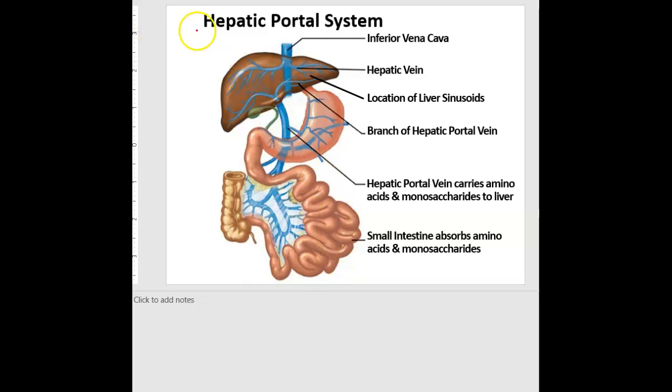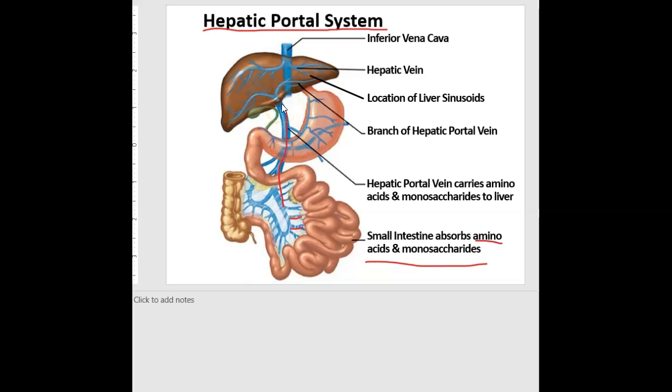But the hepatic portal system is the most important for us when we're considering the digestive system, because what happens is amino acids and monosaccharides that are absorbed by the small intestine will enter these veins that merge to form the hepatic portal vein.